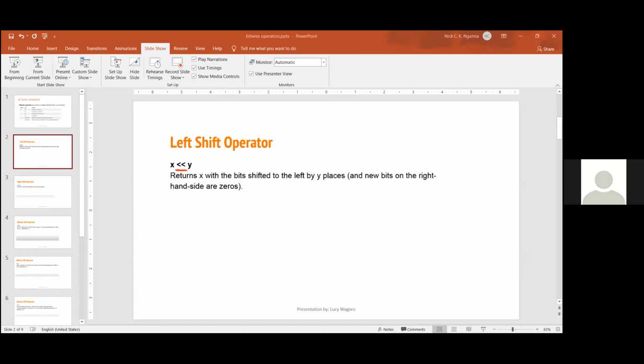Are you sharing the code or the PowerPoint? Yeah, did I share the code? No, we still see the PowerPoint. Sorry for that, I thought I did. Let me just stop sharing so that I share the desktop. I'm sorry for that.